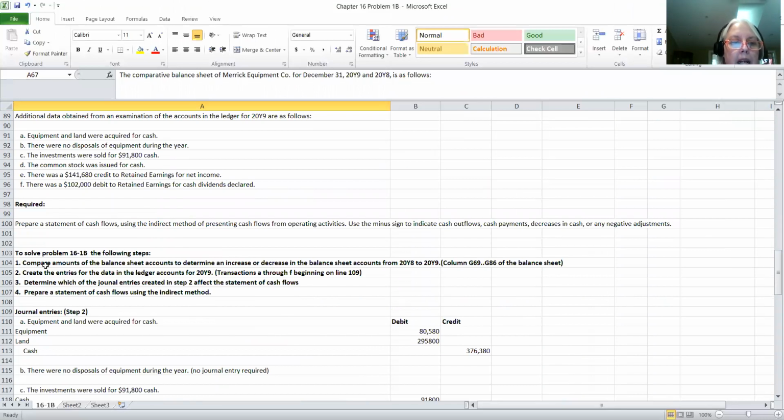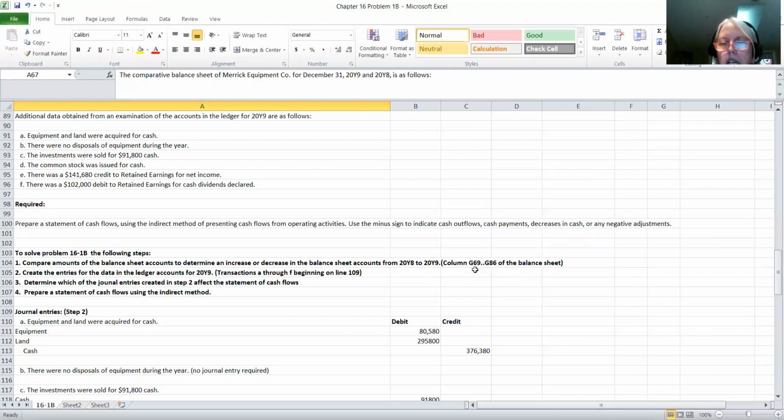In order to prepare the statement of cash flows, this is what you have to do. You have to be able to compare the amounts of the balance sheet accounts to determine whether there was an increase or a decrease in the balance sheet accounts from 2008 to 2009. I put in parentheses some additional information as to where I did that for you on this Excel spreadsheet.